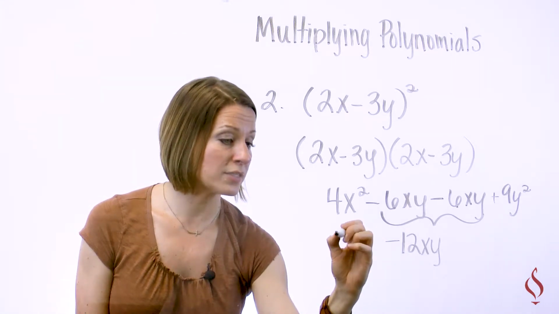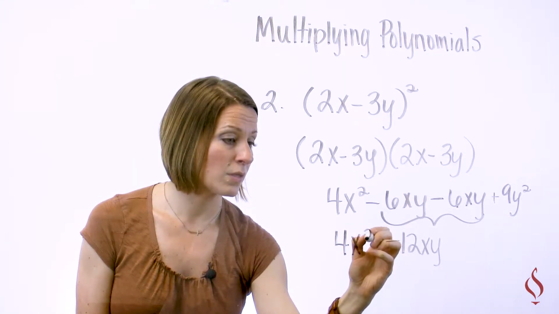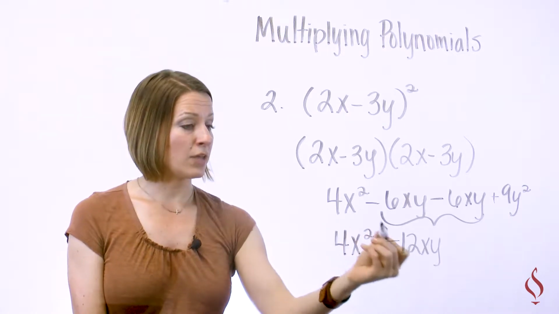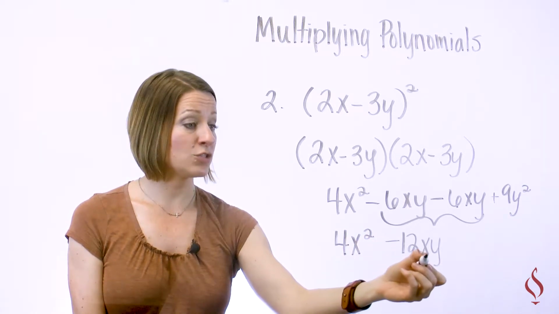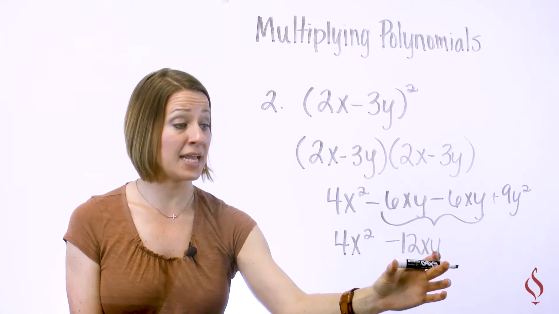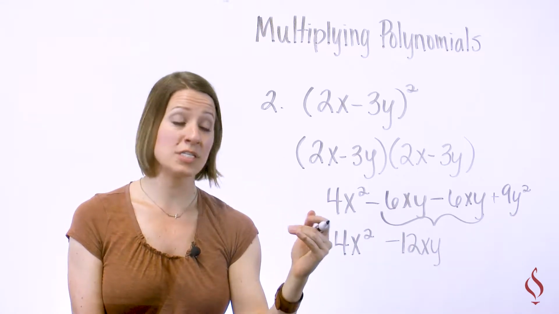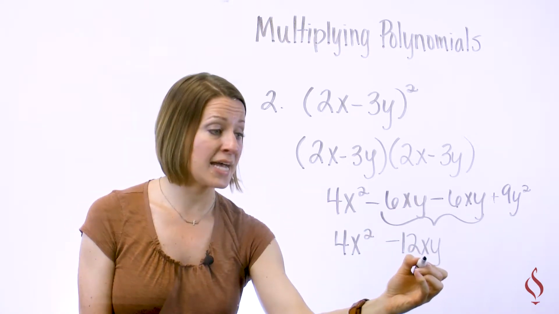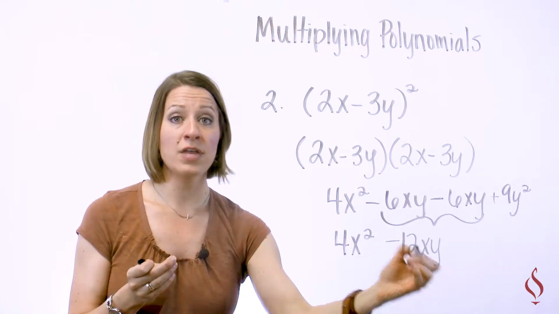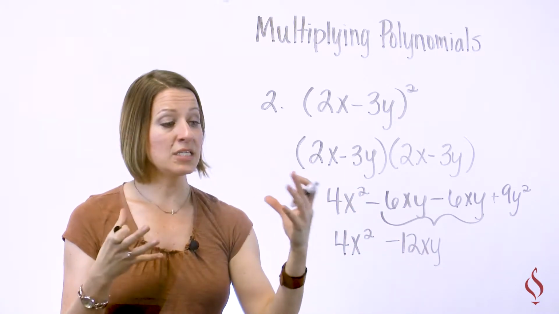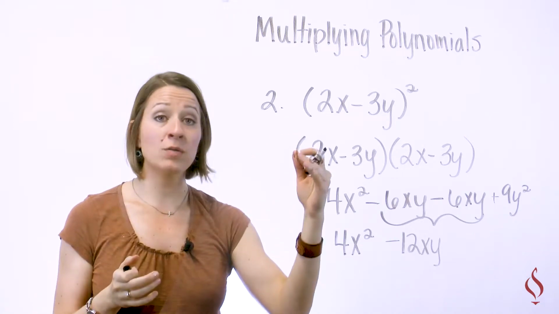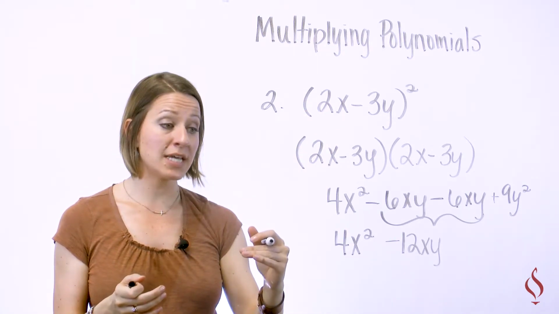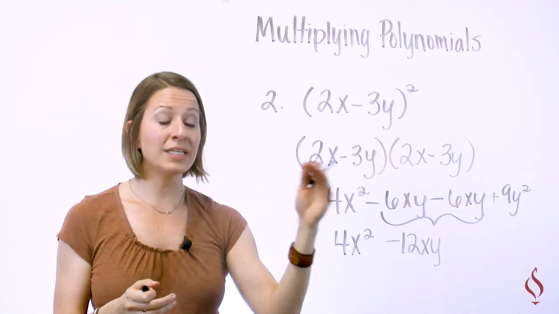So the 4x squared will start the answer. Now the reason the negative 12xy is going to stay in the second position is because it has the x letter. And so descending order is all about the highest exponent to the lowest exponent, one letter at a time.